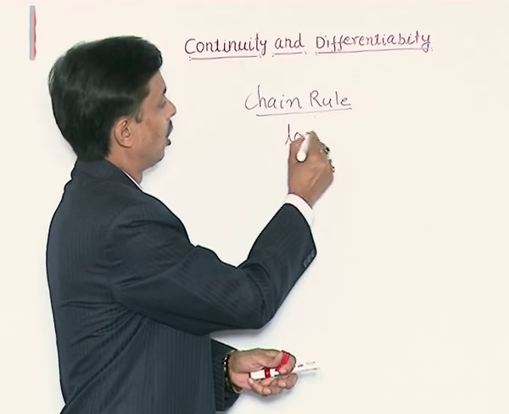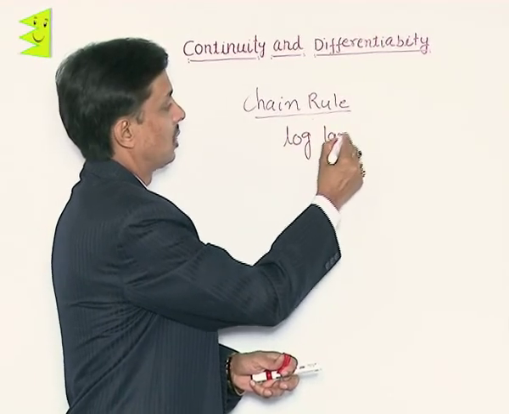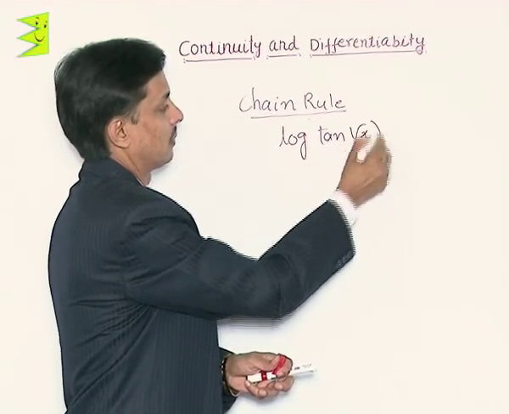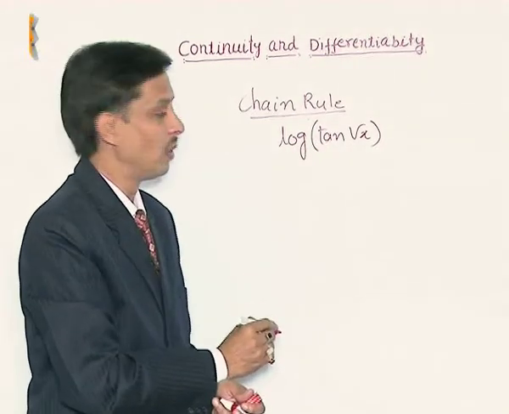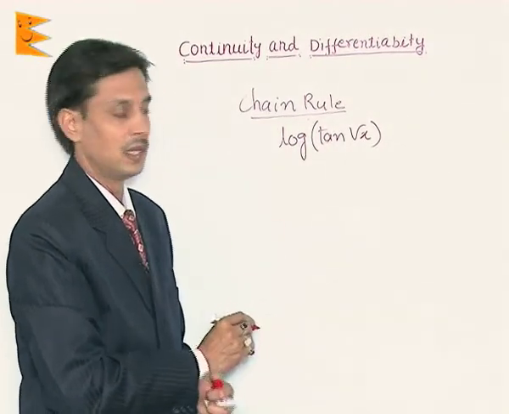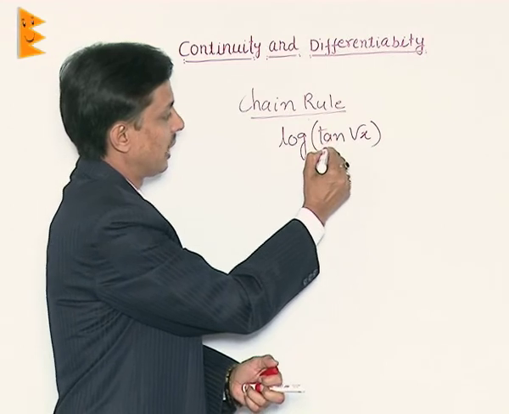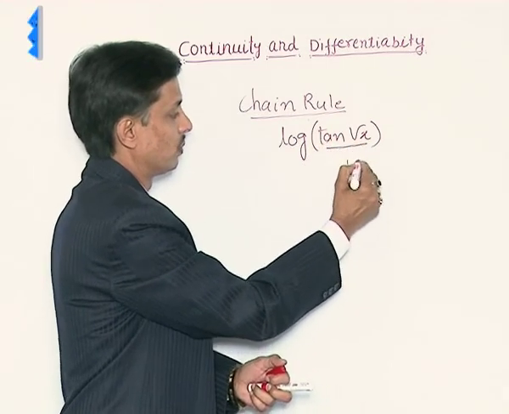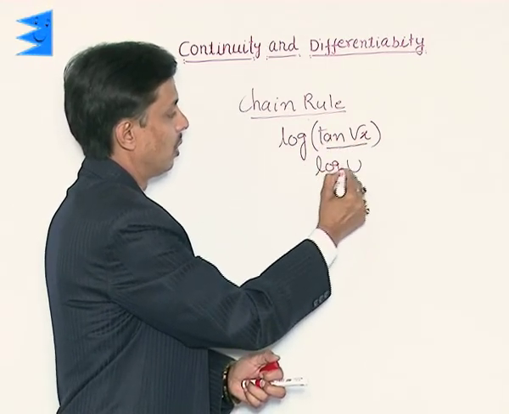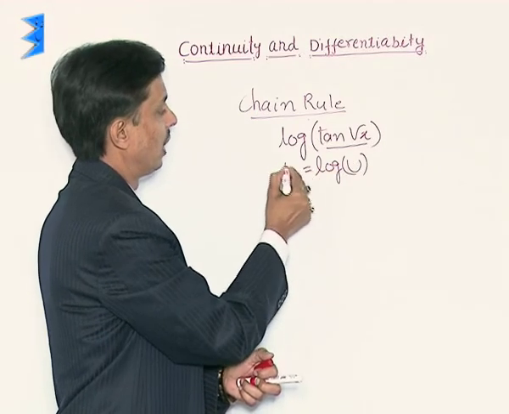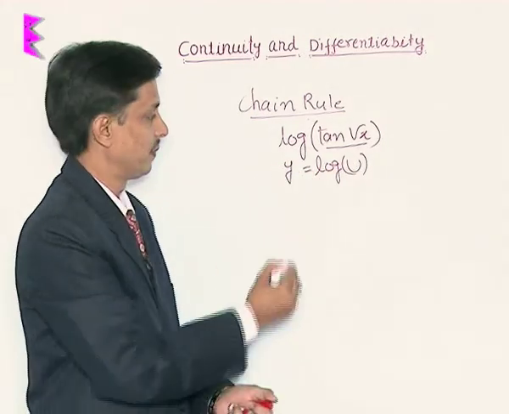Suppose the problem is log of tan of root x. To solve this, first we will assume this entire value as u. So the problem becomes log u and the value is suppose y.